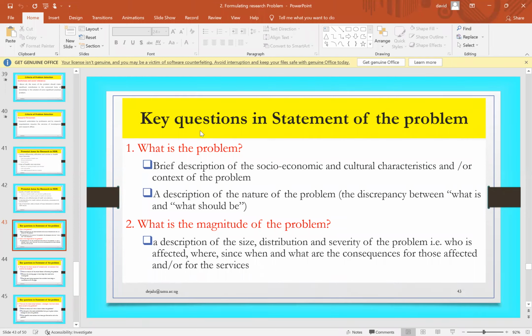Like in a hospital, you have issues within the control of the workers in the facility. Those are challenges. That's why when you're writing reports, we will say achievements and challenges. We don't say achievements and problems.